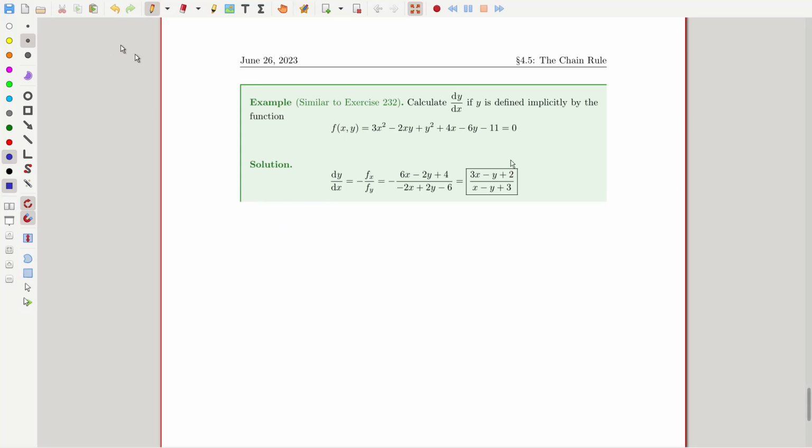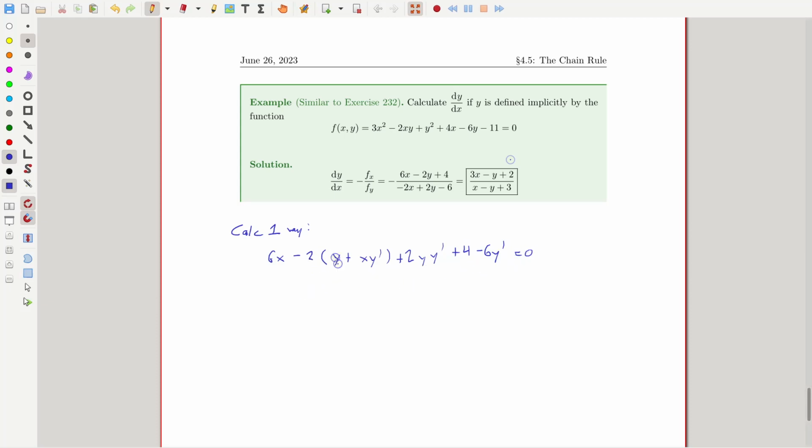Okay, and the long form process of this, the Calc 1 way, would have been: 6x minus 2y. Now you have a product rule here, so you would have y plus xy prime, plus 2y prime plus 4 minus 6y prime is equal to 0.